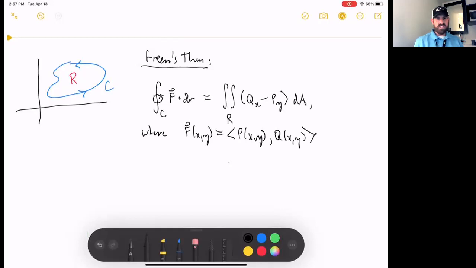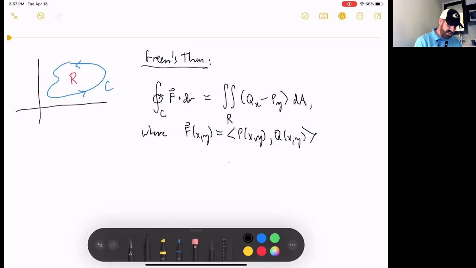And we talked specifically about what this meant in various contexts. We actually talked about how this could be used to compute the areas of regions. And I showed you that picture of a planimeter. There's been lots of ink spilt on the planimeter concept, but all of it is rooted in what Green's theorem is saying here.